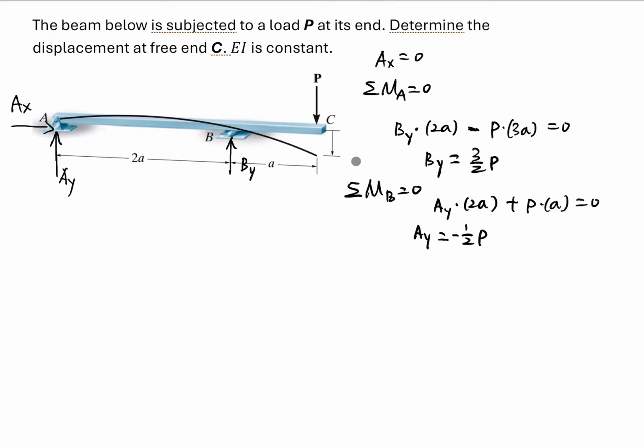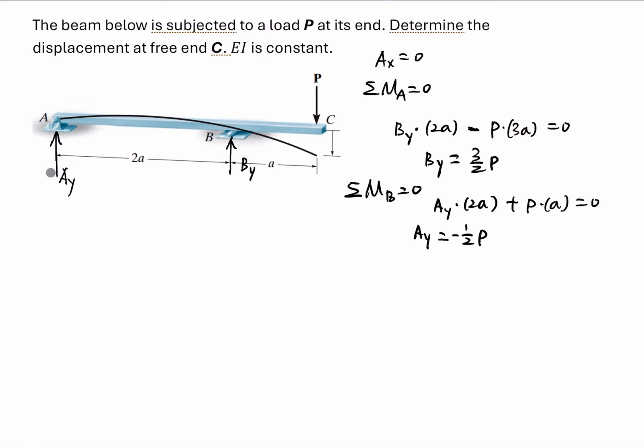So let's put these two reaction forces on the beam. First of all, AX equals 0, so we don't show that. AY is negative. That means our assumption that it goes up is not correct. The real direction is going downwards.